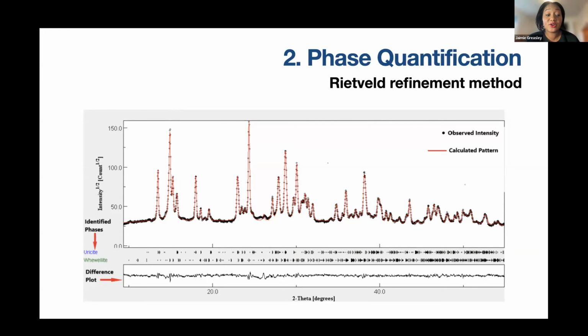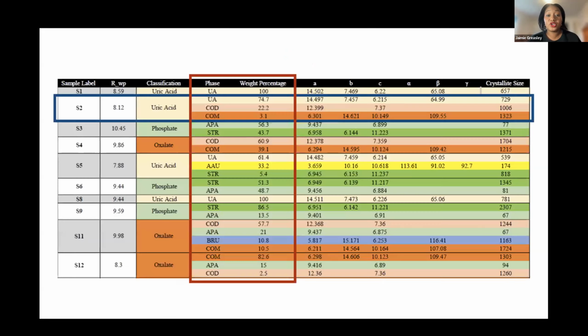You have the phases, and you're trying to optimize various material parameters to get this calculation and minimize the differences. The outcome is that you get the phase fractions, but you get a lot of other data as well. In fact, it generates about 50 pages of data for one Rietveld refinement.